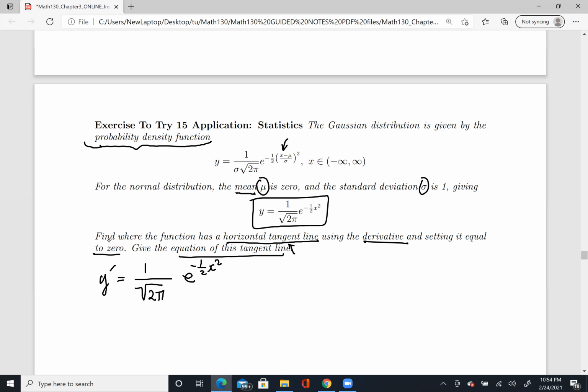Remember that e to the power something has a derivative of itself, but the exponent in here is an equation of x.